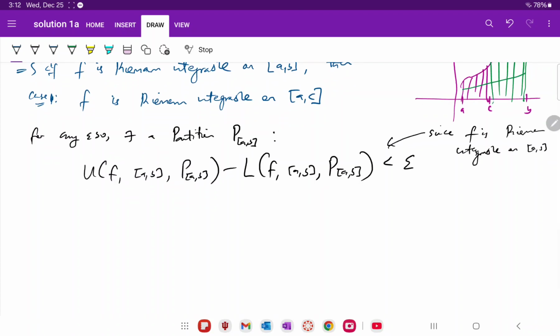So let's now define another partition in order to prove case 1.